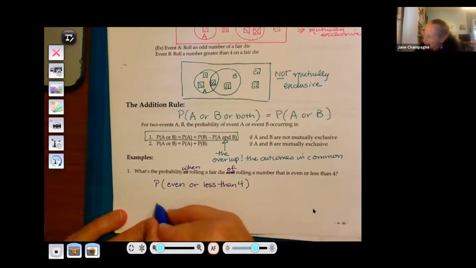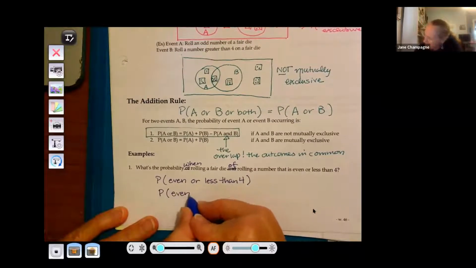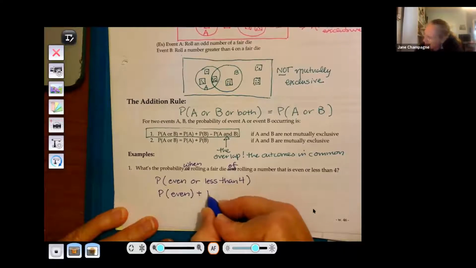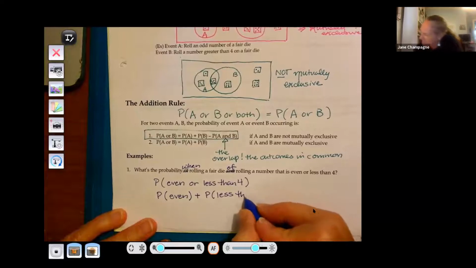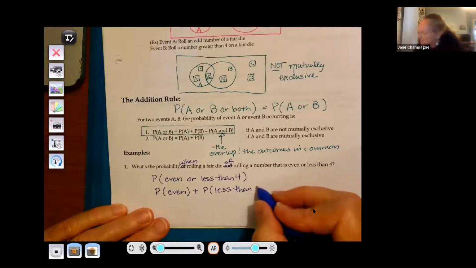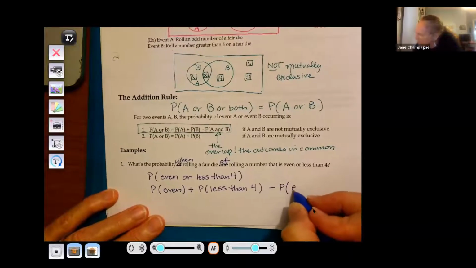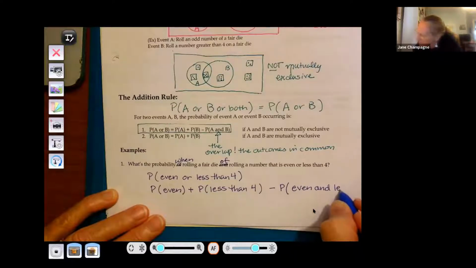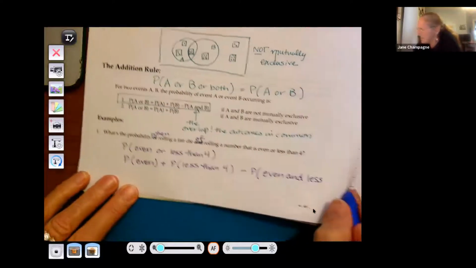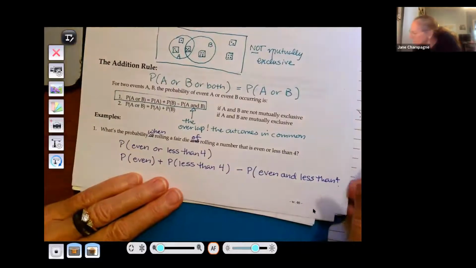So using the addition rule, we'd say, well, that's the probability of even plus the probability of less than 4 minus the probability of both even and less than 4.